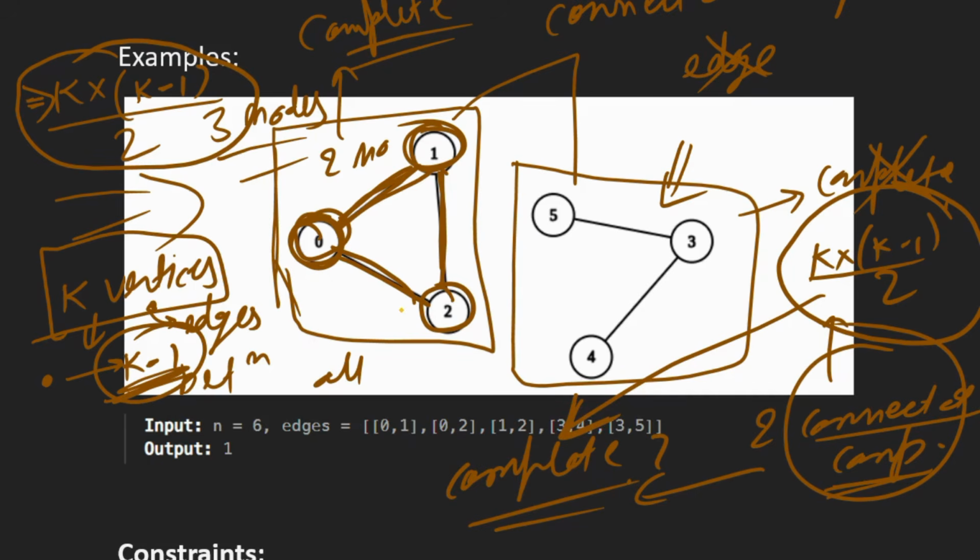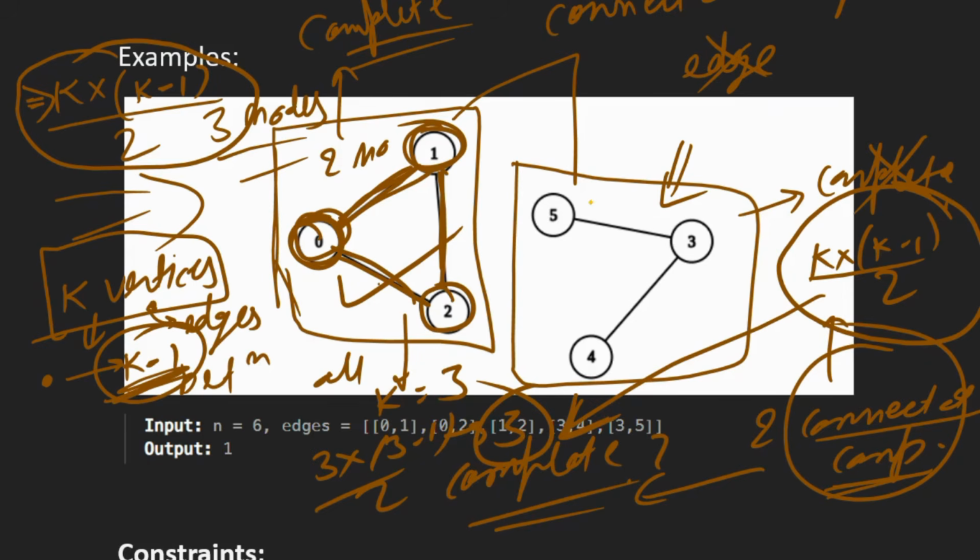Here k is equal to 3, so it should have 3 into 3 minus 1 by 2, that is 3 edges. Does it have 3 edges? Yes. So it is a complete connected component.